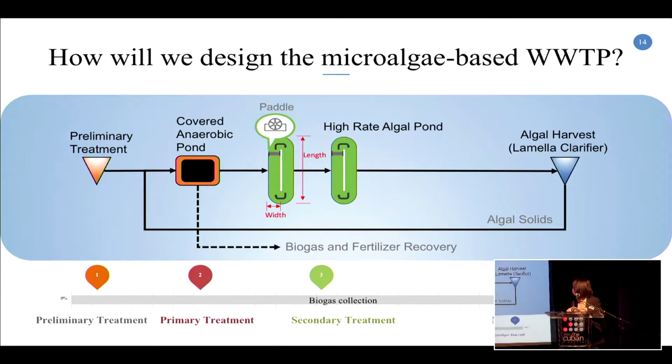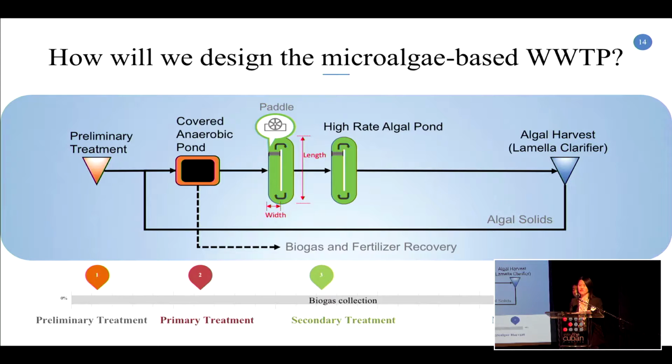So here is our overall design of the wastewater treatment plant. It contains 4 processes. The first one is a preliminary treatment. We will use filters to remove the large solids, and the second one is primary treatment.